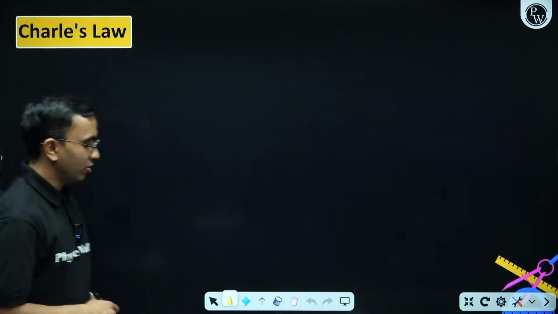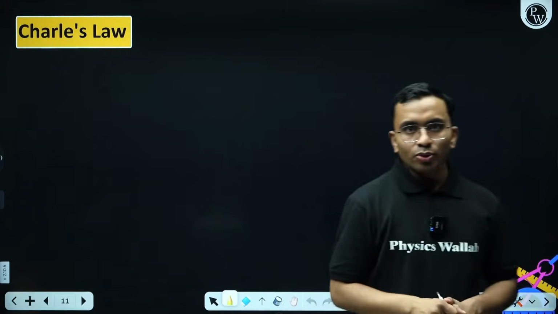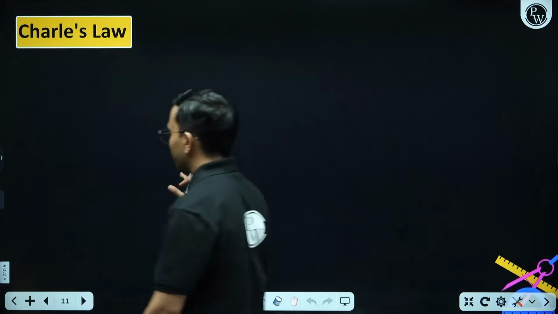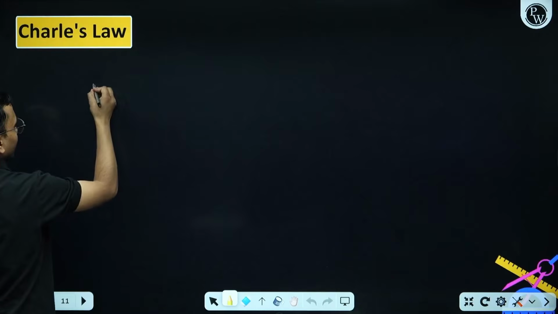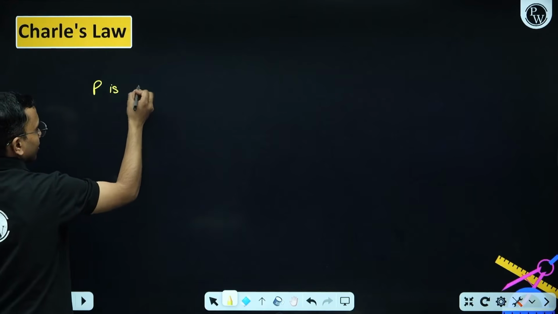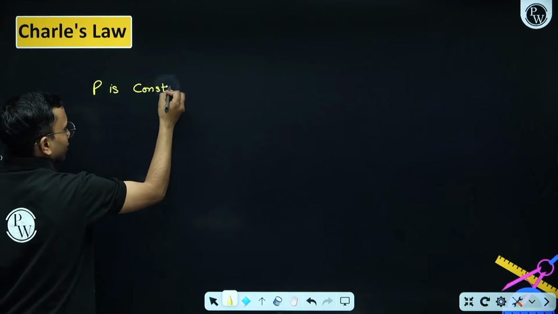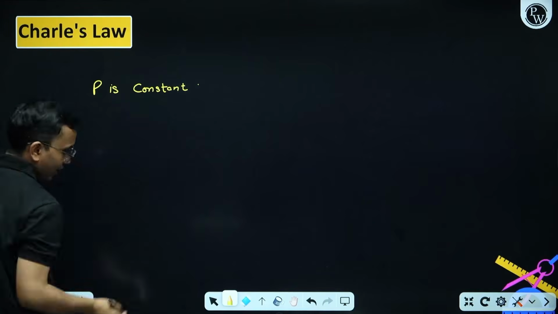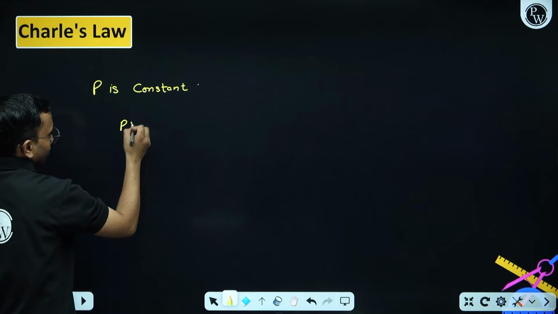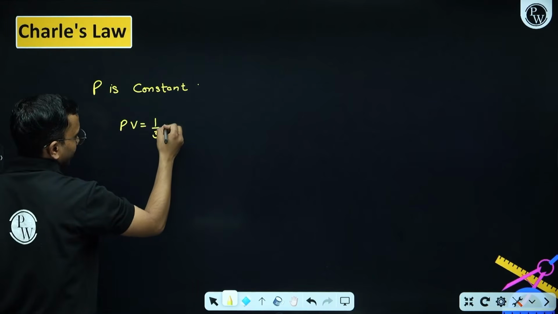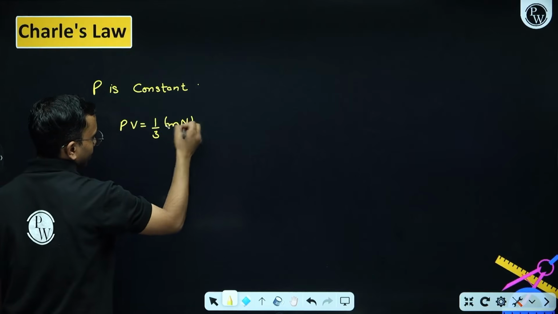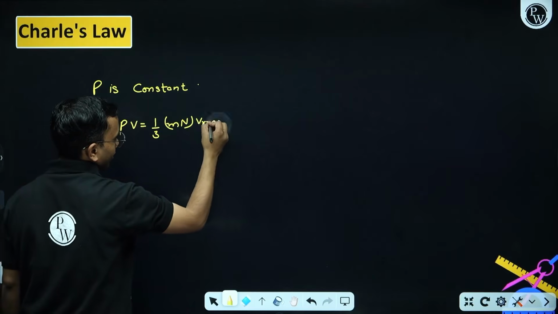Next, Charles' law. It is when the pressure is constant. Now come to the same expression again. PV equals 1 by 3 M n V RMS square.